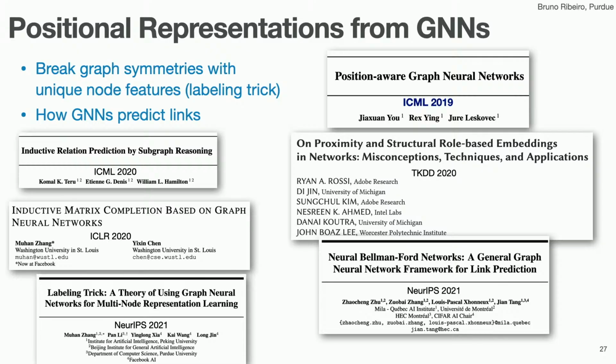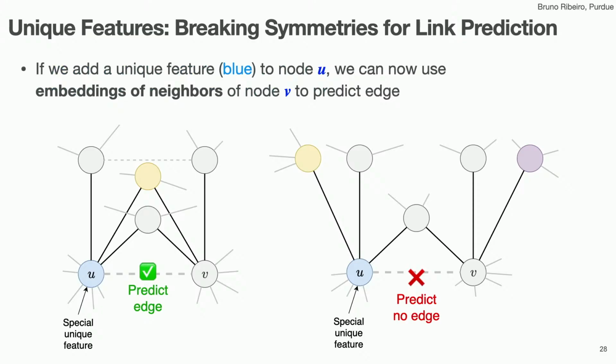And one of the best methods for this is the Neural Bellman-Ford algorithm for link prediction. So that allows the GNN to break the symmetries, and now it's not equivariant anymore, and then you can a bit solve this problem. And the idea is pretty simple. For the source node, you put a special feature. And now if you look at, can I count the number of common neighbors?